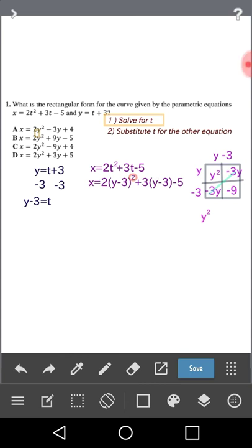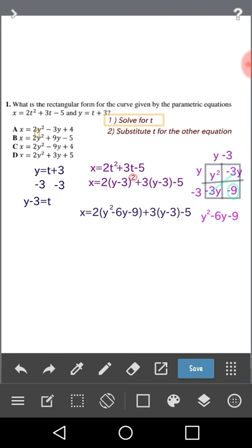It will give you x equals 2 times the quantity y squared minus 6y plus 9, plus 3 times the quantity y minus 3, minus 5. From here, you distribute the number that's outside the parentheses to the numbers inside the parentheses. 2 times y squared gives you 2y squared.